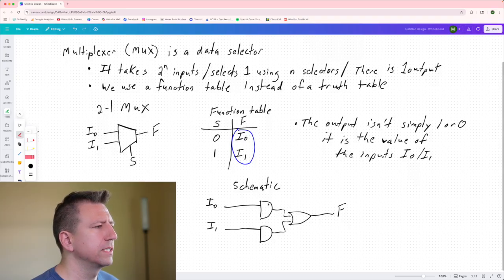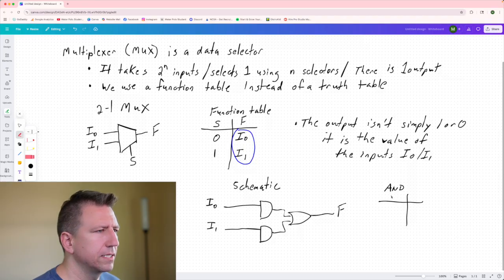So right now, this could be a 1 or a 0, and we don't know because we don't know what the other selector input is, but let's take a look at an AND truth table and see if we can make some sense of what that selector is doing for us. So I guess maybe I should draw the selector in here. Selector is going to come in, it's going to be a 1 or a 0.